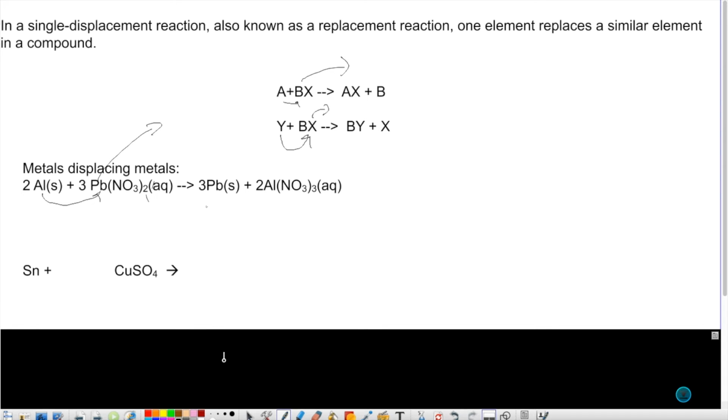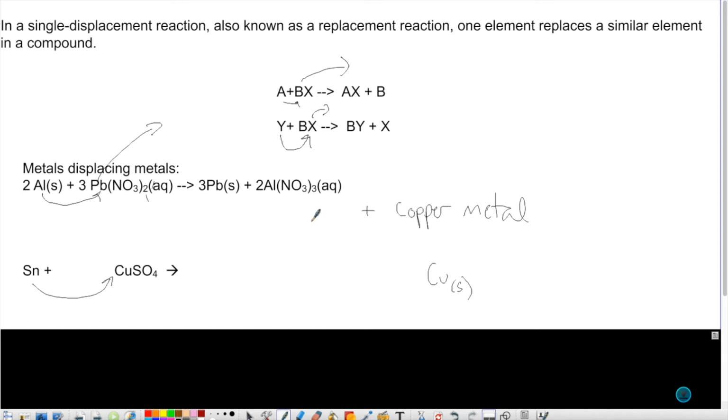All right, well, what about this one? Okay, Sn plus copper 2 sulfate makes what? Well, again, the astute of you might say there could be a couple possible products, because if tin kicks out the copper, we know that one of the products is going to be copper metal, okay, which is really just Cu.